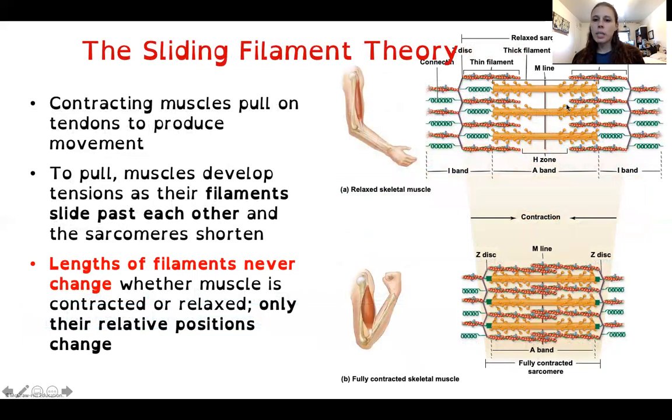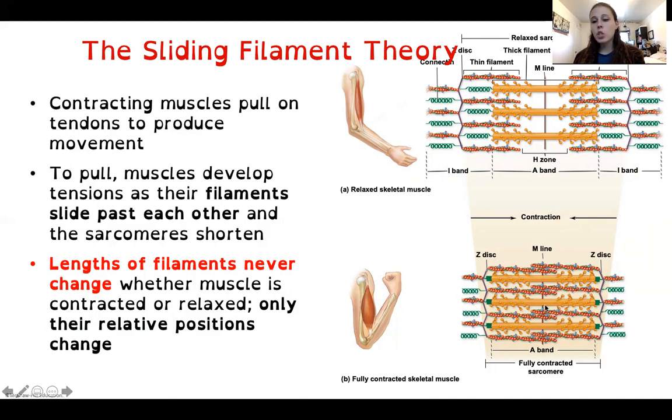So this is a representation of a sarcomere when it's relaxed, and then at the bottom when it's contracted. You can see that the thin filaments are getting close to the M line, and that leads to the Z discs getting closer together, and that leads to the contraction of the sarcomere. When it's fully contracted, you can see that there is a big A band.